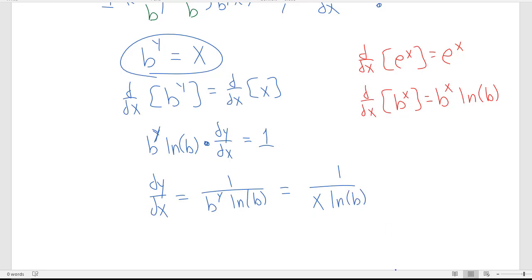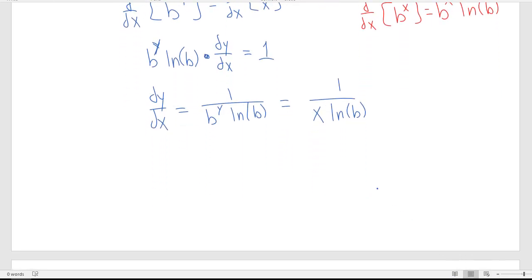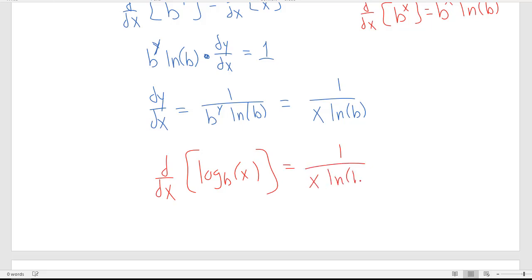So the derivative of log base b of x, let me change to red, is going to be 1 over x and then ln of the base.